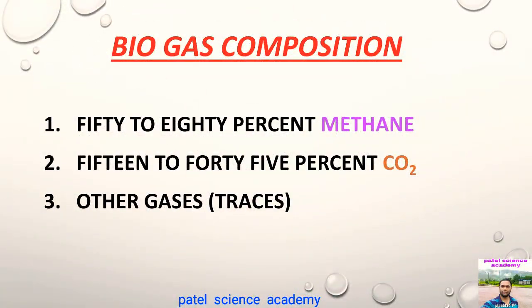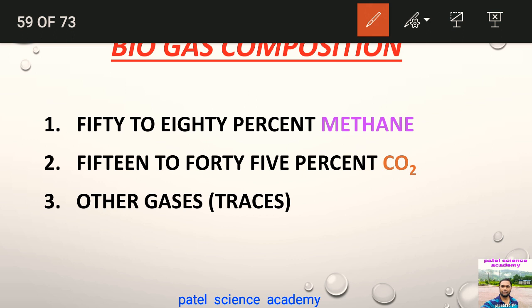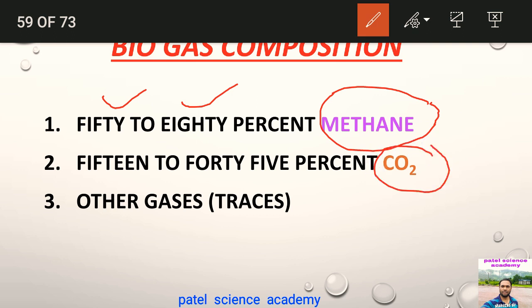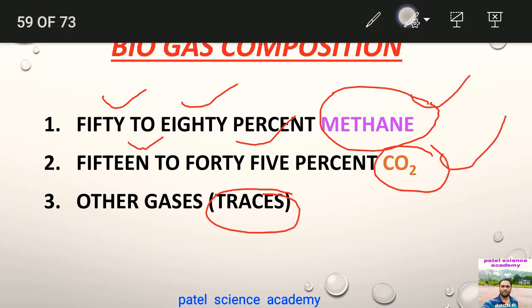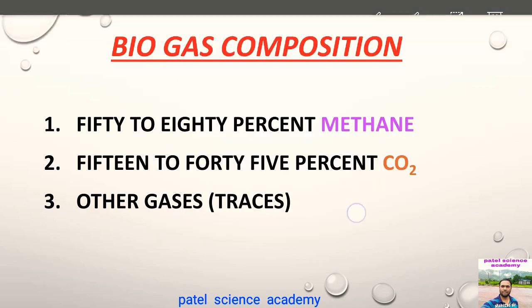Its composition includes 50 to 80% methane gas. Then the carbon dioxide gas percentage is between 15 to 45%, while other gases are there in traces. So mainly methane and carbon dioxide gas is there in the biogas. So let's see its detail one by one.